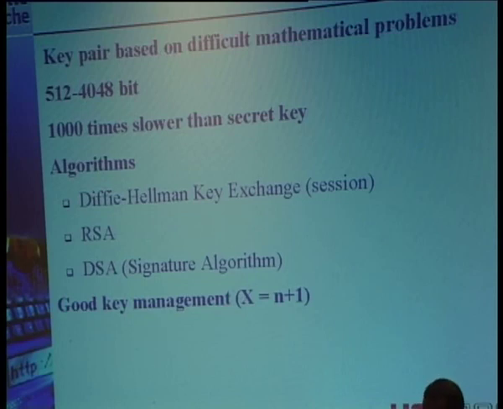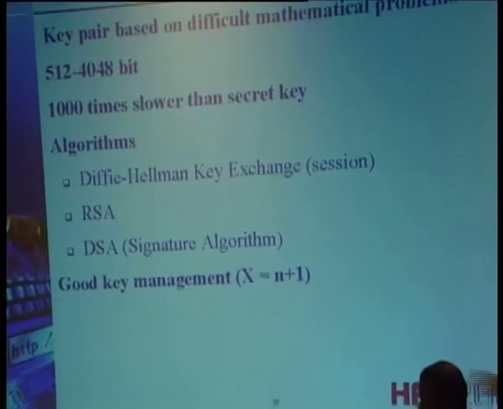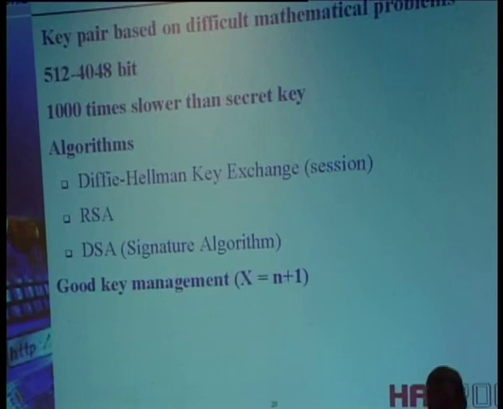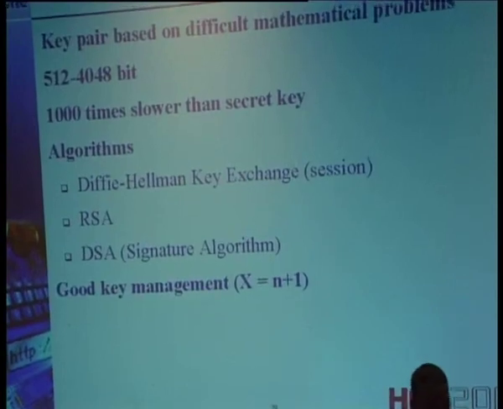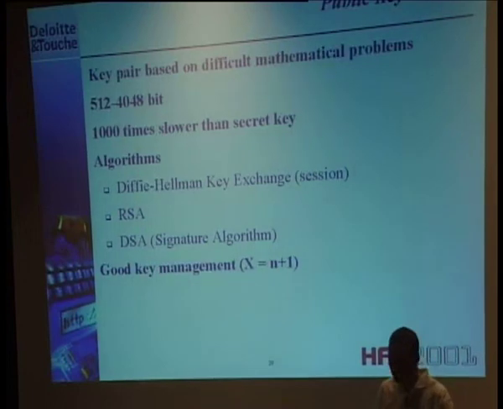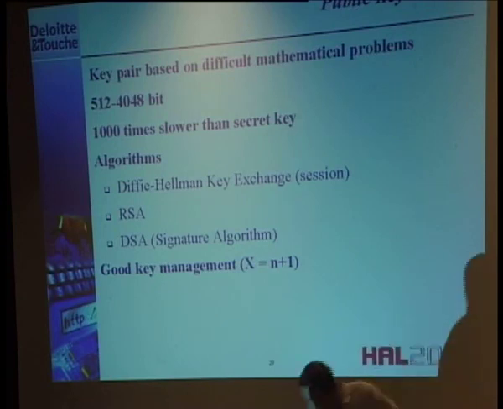Sharing a key is the problem: I'm here, Huub is in Amsterdam. How can we share a key? If I call him, somebody can eavesdrop. If I send an email, somebody can catch that email. With asymmetric encryption, you don't have that problem. You create a key pair. One key is private, and you keep it for yourself, and the other key is public, and you can do with it whatever you want.